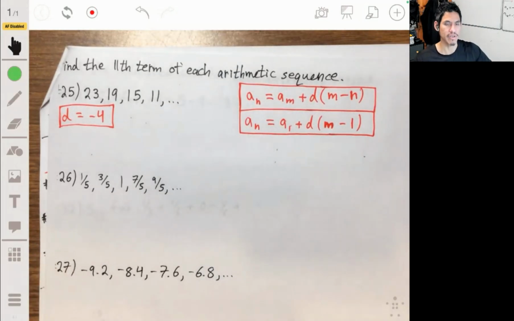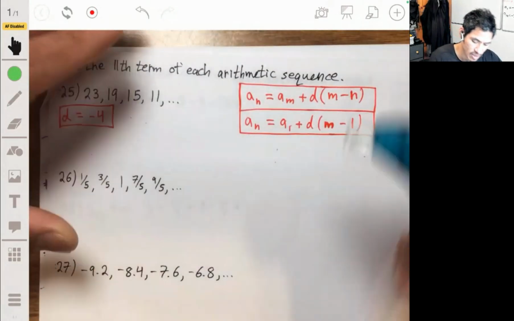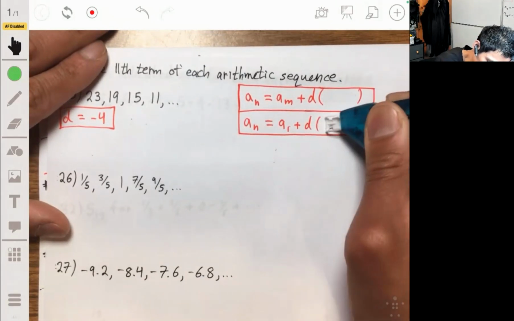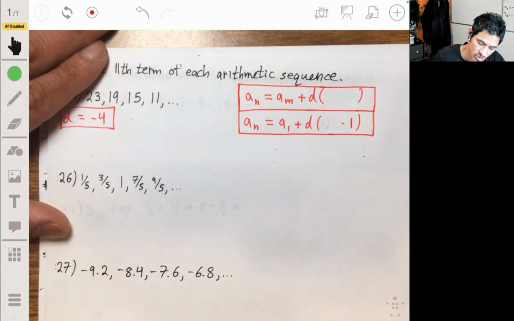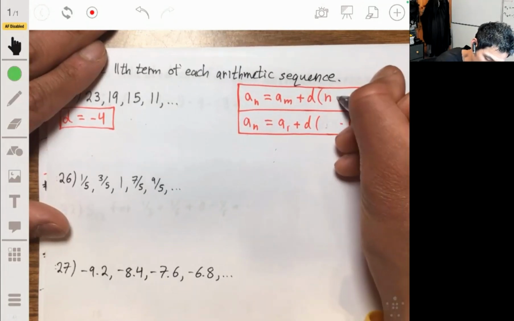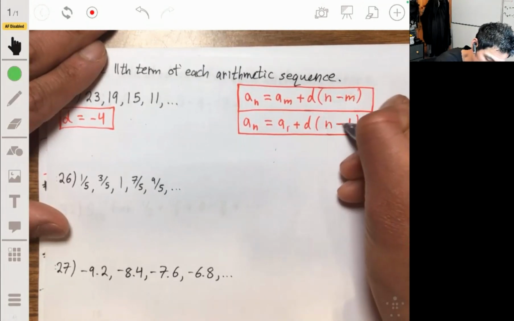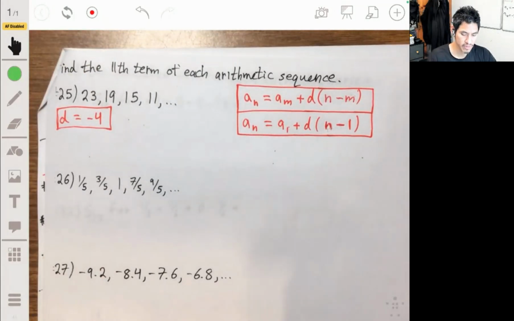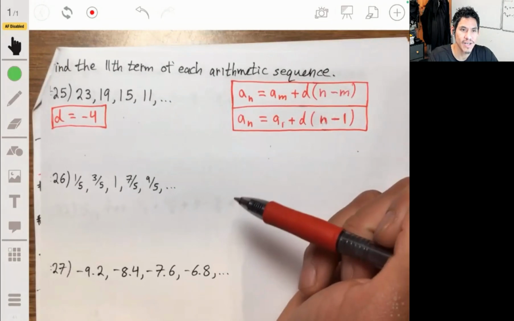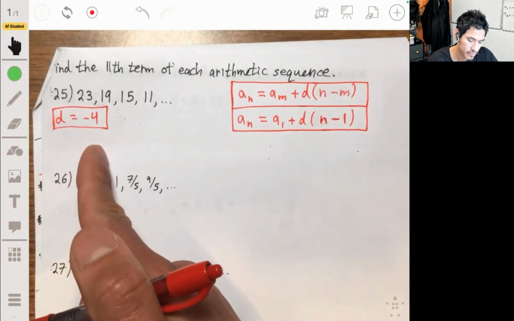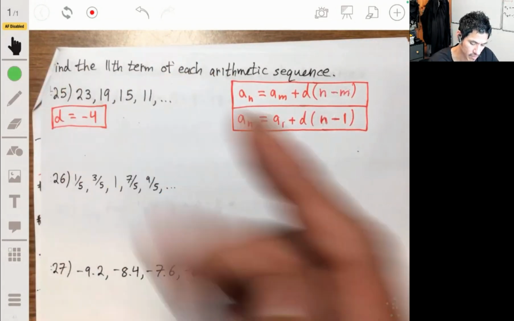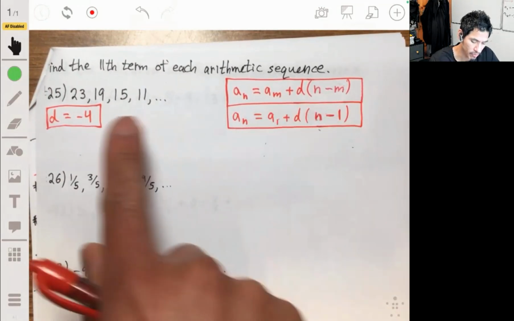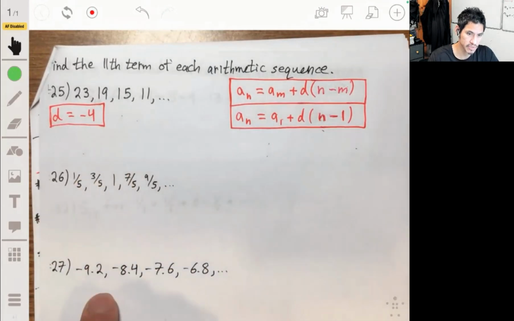Wow, I'm really messing up right now. This should be n minus m, and this should be n minus 1. Sorry about that. So anyways, if we have a1, just go with this one. And we're given a1 in these 3 examples here.